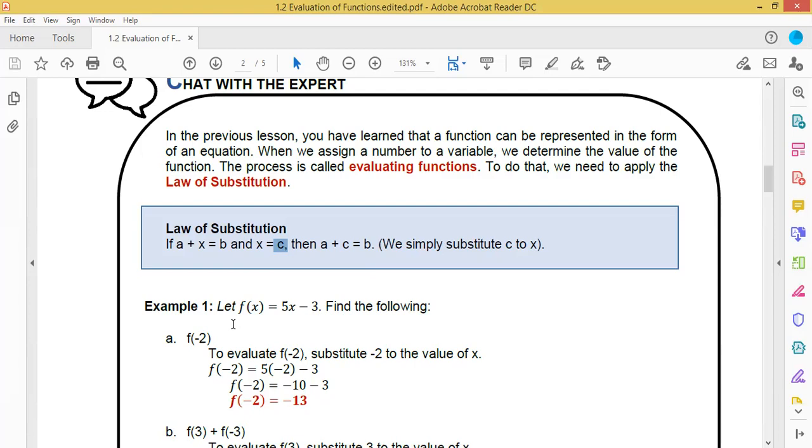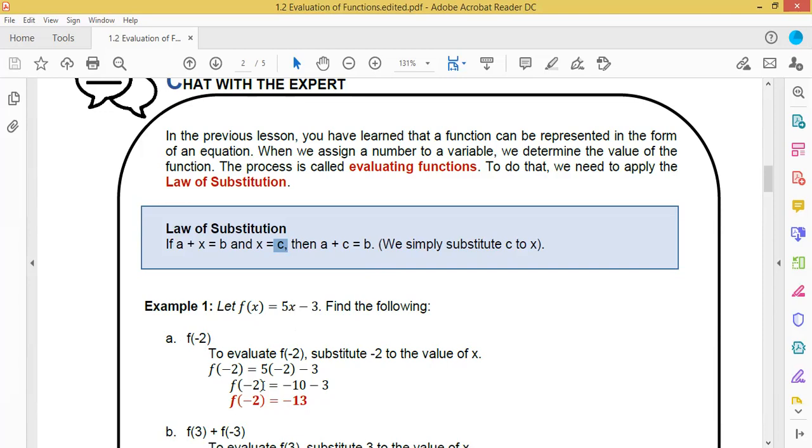For example, let f of x, or we say y, is equal to 5x minus 3. Then we find the following. For example, we find the value of f of negative 2. It means that we substitute negative 2 to the value of x.